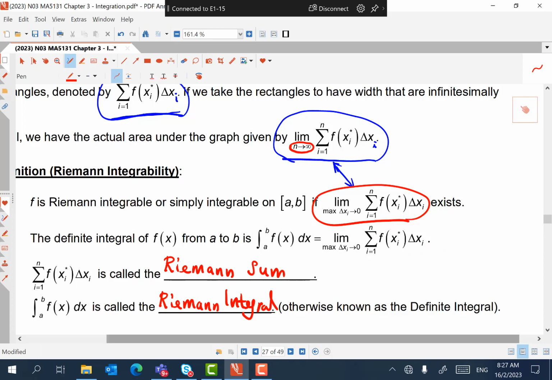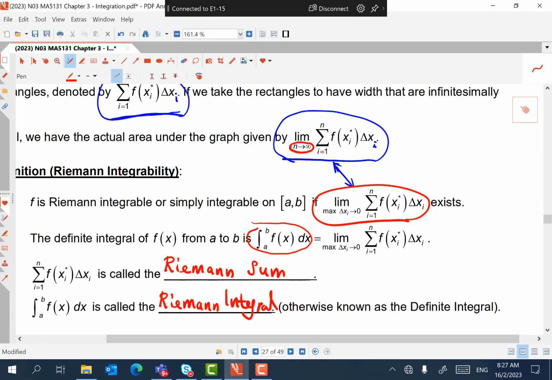So these are just some terms. So lo and behold, you have to make the paradigm shift. You learned integration earlier on. You have understood what this was previously, and you know that through this integration, through this definite integral, you can find the area under the graph the way you did it.